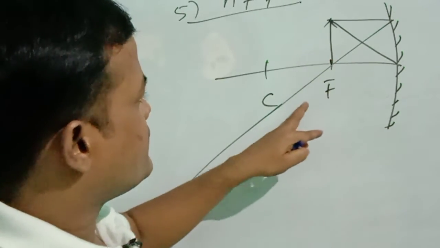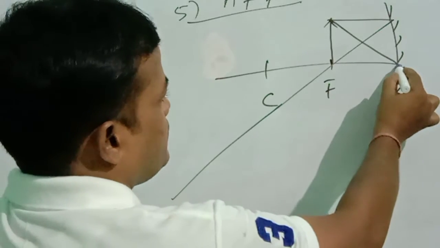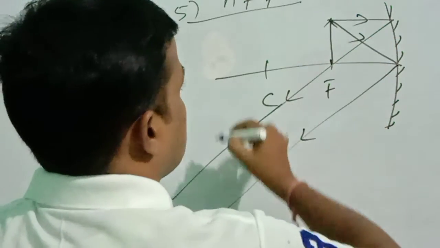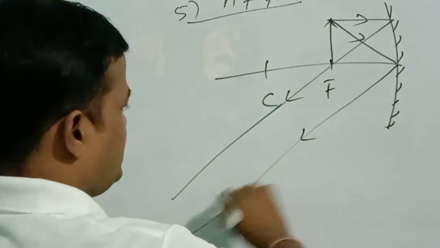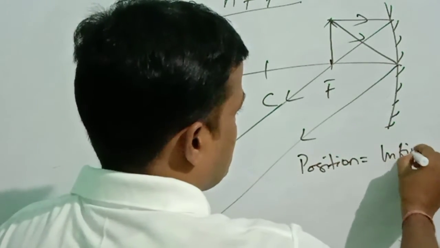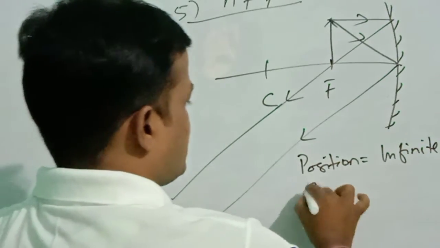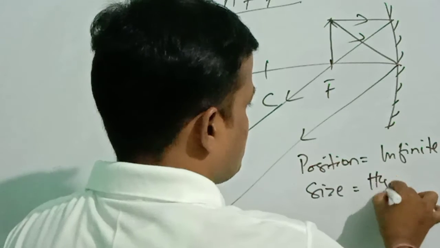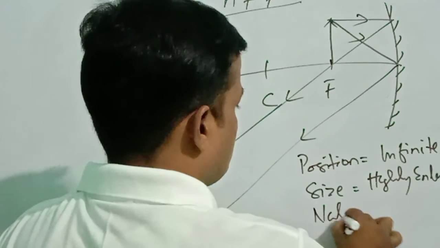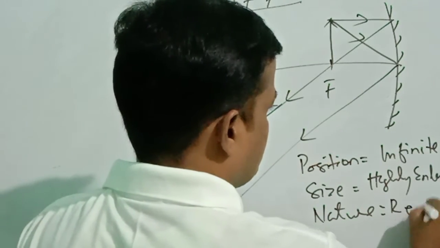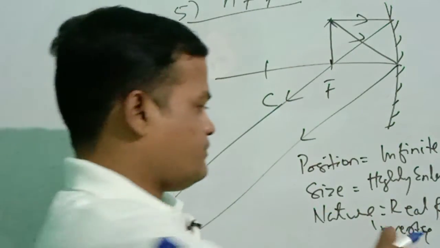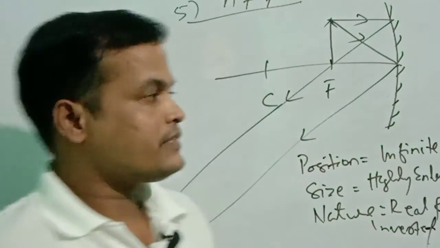In this case, the image is formed at infinity. Position: infinity, size: highly enlarged, nature: real and inverted. This is real and inverted. Okay friends, this is number 5.